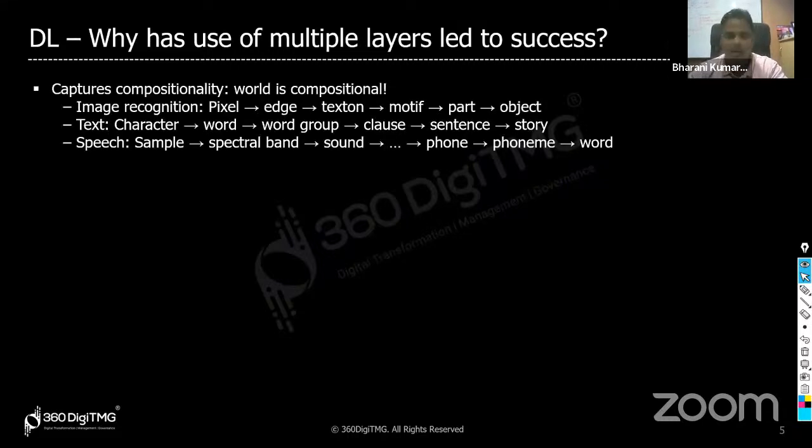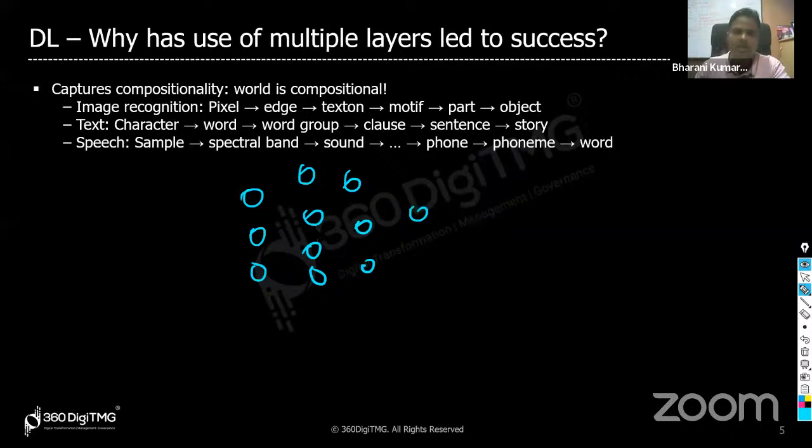Next thing is compositionality, which is very, very important, because when it comes to neural networks, you'll have something called neurons. And each layer of your algorithm would capture some elements.